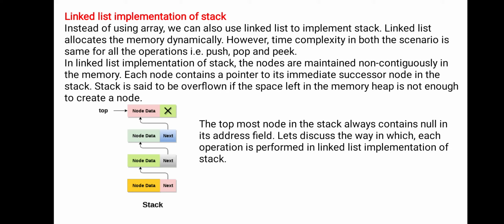That is called static allocation of memory. Suppose I give int a, b, c, d. These 4 variables are of type integer, right? So 4 into 2, 8 bytes of memory is allocated internally. This is called static allocation.